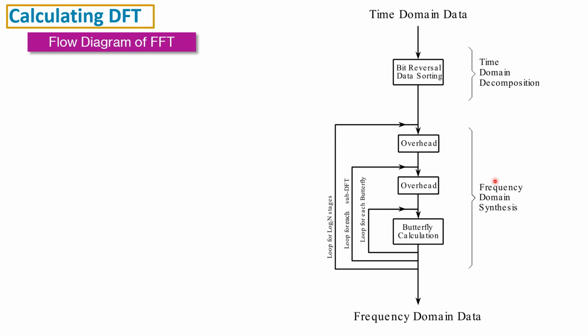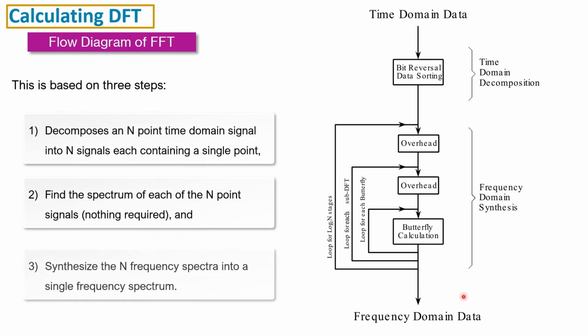Okay, so after that we need to combine them, as we saw in the previous slide. So the frequency domain spectrum is synthesized using these loops. Okay, and then at the end we get the frequency domain spectrum. Okay, so these are the three steps involved in fast Fourier transformation.